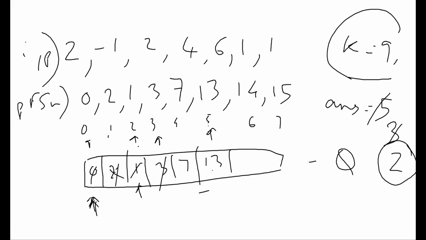There could be a single element which is equal to 9, right? Absolutely, yeah. So therefore, I'm saying you need to continue till the end. You don't have to stop.